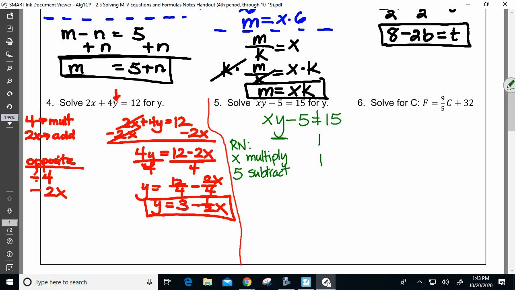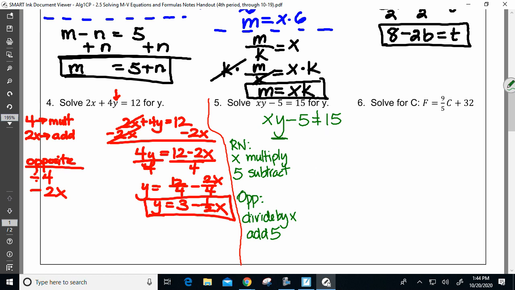So now that we know what it's doing, now we take the opposite. So, what's the opposite of multiplying? Divide. So that means we're going to divide by x. And what's the opposite of subtraction? Addition. We're going to add 5.